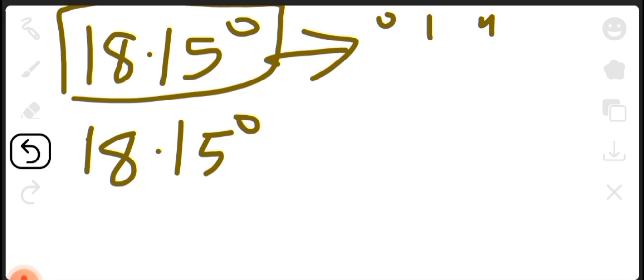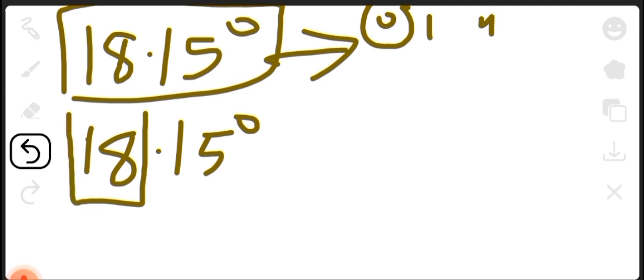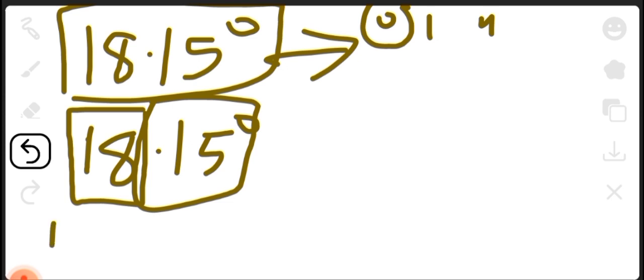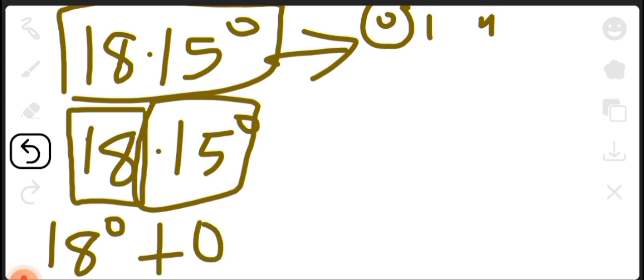We also need degree. This whole number here is 18, and this other part is the decimal fraction. The whole number will be kept, so you have 18 degrees already, plus 0.15 degree. If you add 18 to 0.15, you have 18.15.